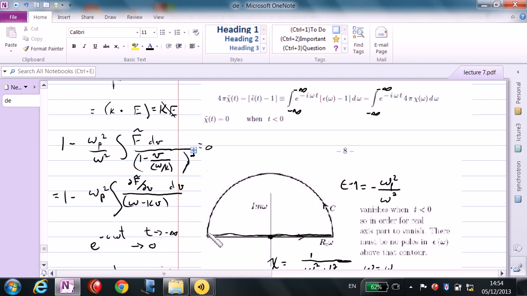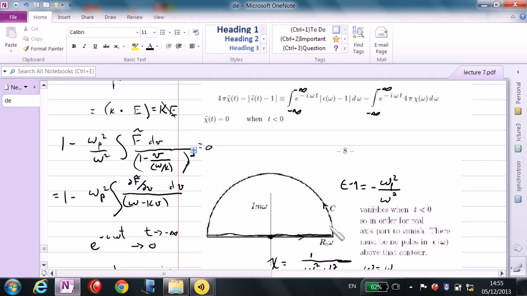If we take the modulus of the entire integrand on the semicircle, e to the power minus i omega t has modulus 1. Suppose I have a very large omega, but I'm slightly above the real axis.